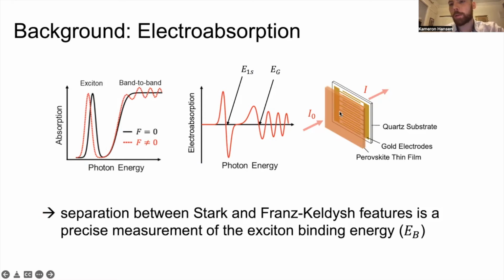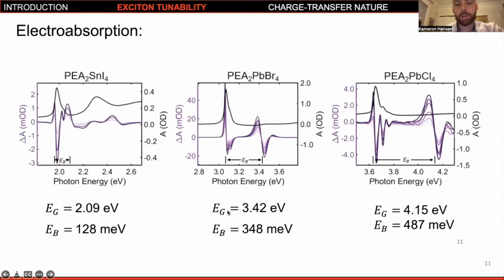And experimentally, the way we measure this is by spin coating polycrystalline thin films onto an array of electrodes like this. So here's some measurements for different 2D perovskite compounds: phenethylammonium lead iodide, phenethylammonium lead bromide, phenethylammonium lead chloride. And we see that there appears to be a correlation between the band gap energy and exciton binding energy.